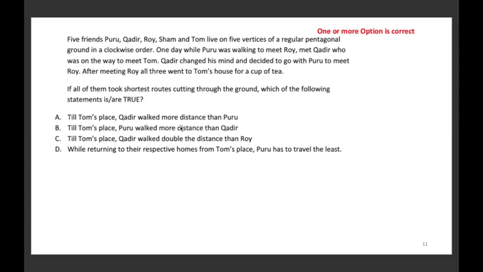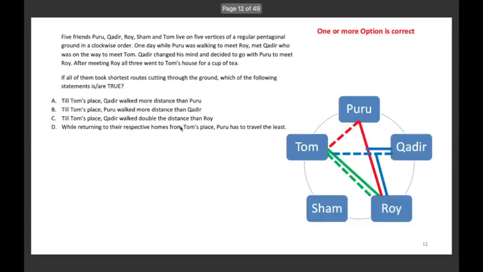Now to solve this, we'll first have to look at how all the 3 people are walking. Okay, so this is how they walk. This is Puru. One day Puru was walking to meet Roy. Puru ये direction में move कर रहा था.